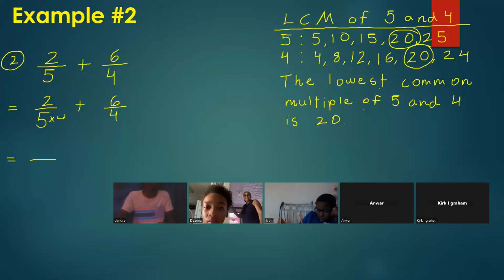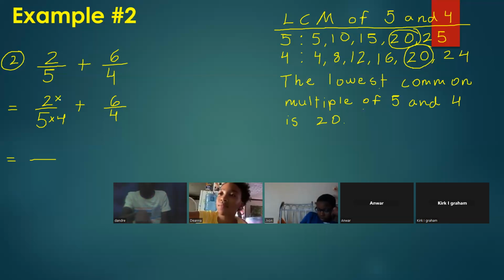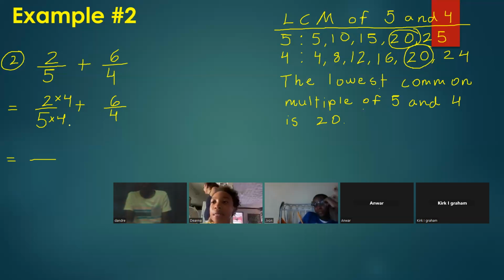So 5 times 4 is 20. And Deanna, what is 2 times 4? 8. Very good. Javon, what are we gonna multiply the 4 by?